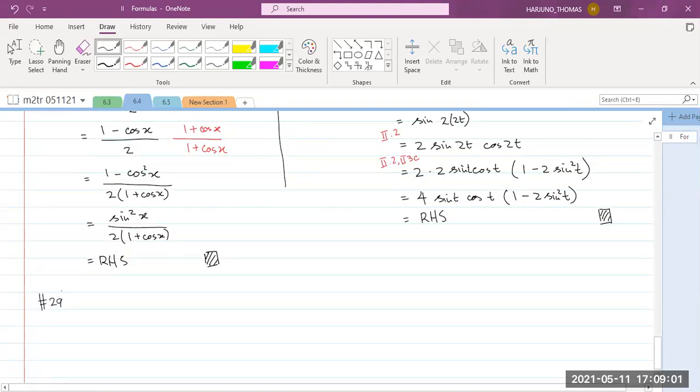Number 29. Okay, that's actually proving the power reduction with multiple angle.